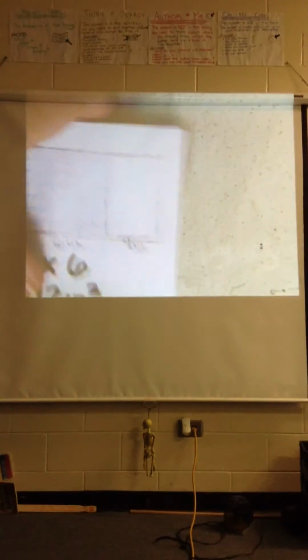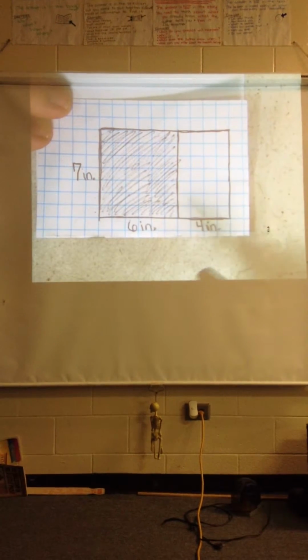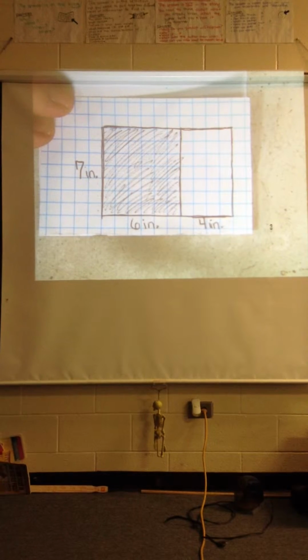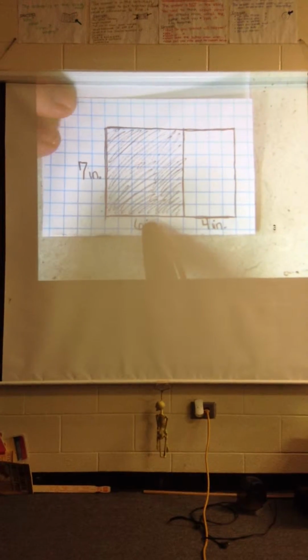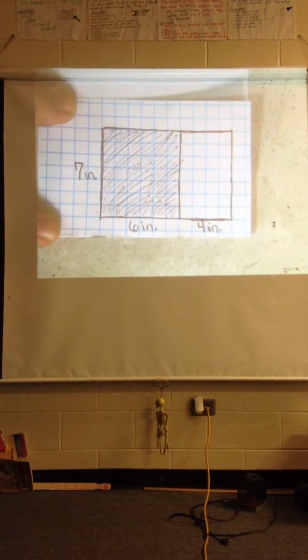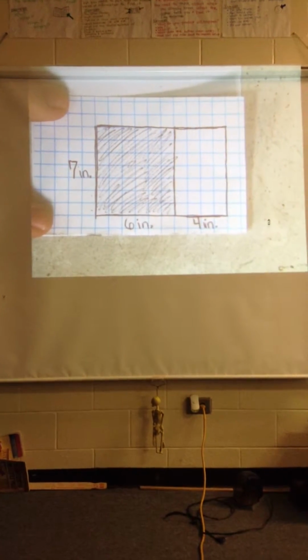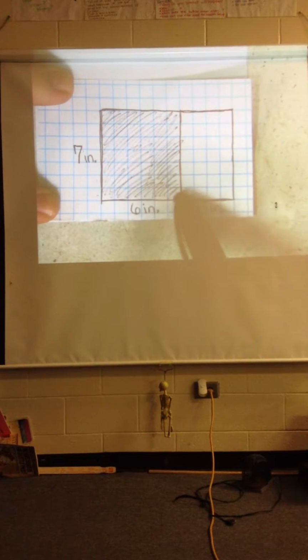Now looking at this figure, we can also ask a different question. Our class had a garden. Our garden was 7 inches by 6 inches, and yes, that's a very small garden. Another class came and put a garden beside us, as shown in the figure.